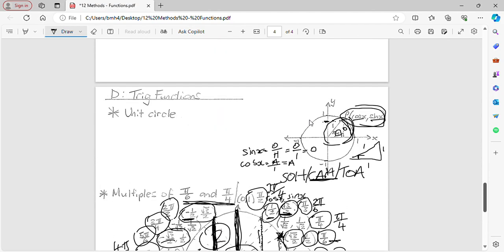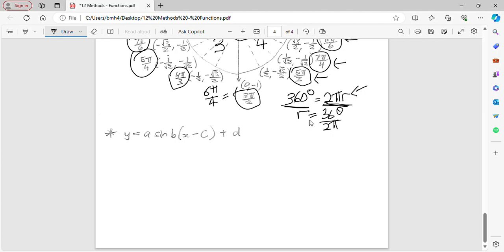And then we've got our general form of our sine graph. Y equals a sine b x minus c plus d. So say we took the most simple one of y equals sine x. So it looks something like this.